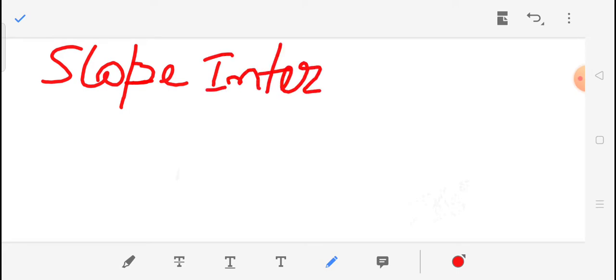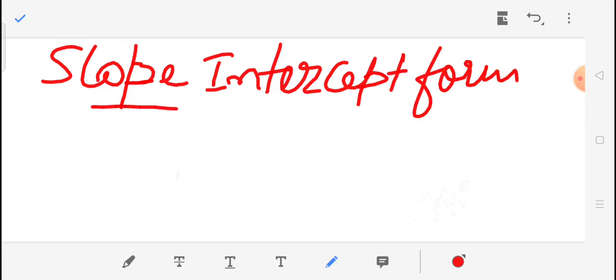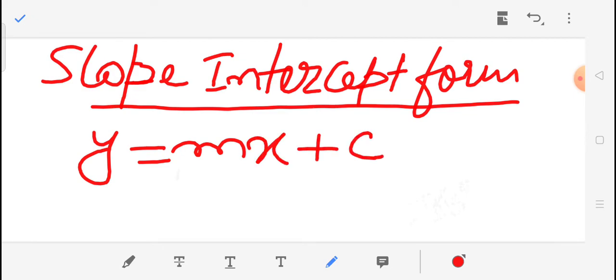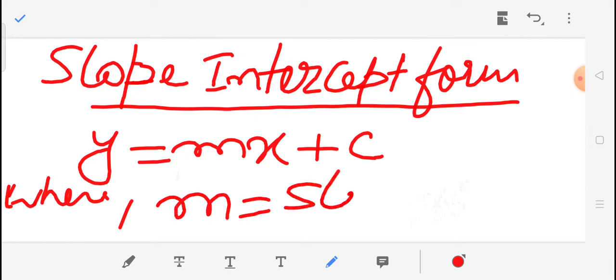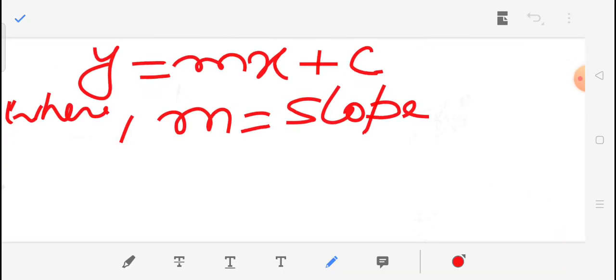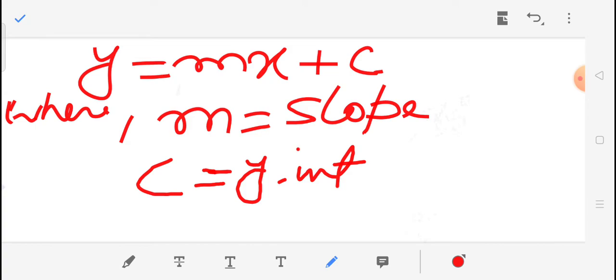Now this is simply y equals mx plus c, where m is equal to slope and c is equal to y intercept.